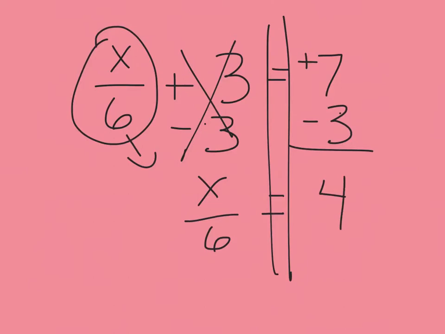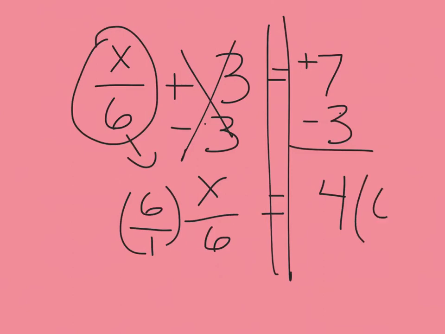So now I'm looking and I have to get x all alone still, and it's divided by 6, so I want to do the opposite, and I want to multiply by 6. Since it's a fraction, I'm going to do 6 over 1. If I'm multiplying by 6 on this side, I need to multiply by 6 on this side.